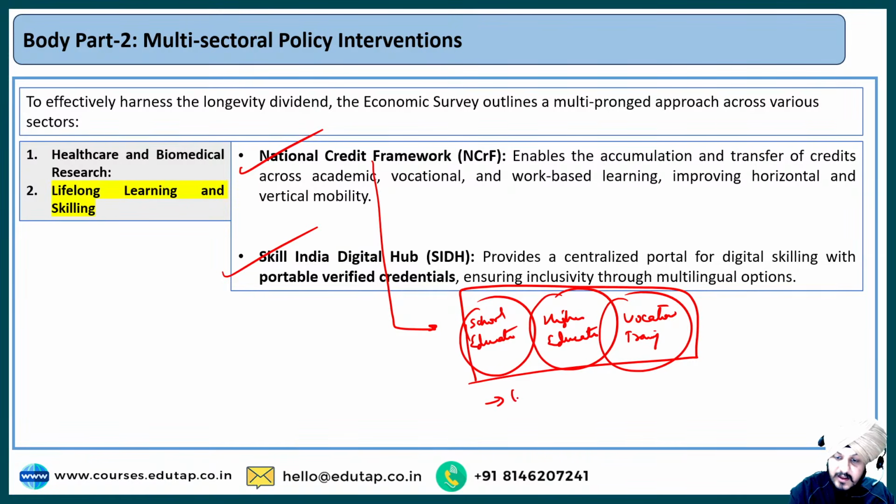because in this NCRF framework we have something called a credit system. Now the credit system basically means that earlier, for example, let us say there is a student who has done an ITI electrician course, right? After that, let us say this same student wants to do a diploma in electrical engineering.